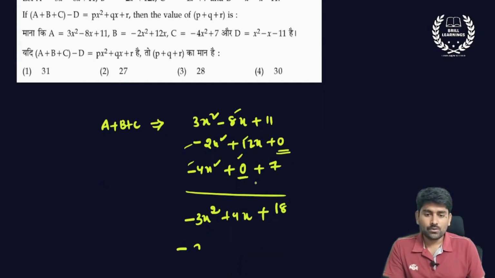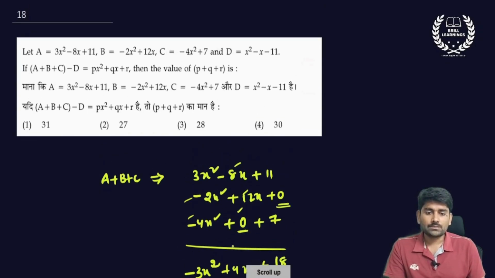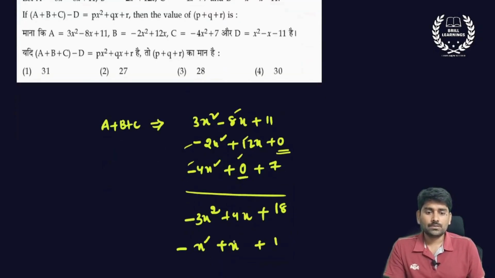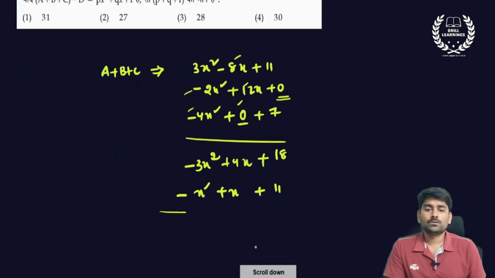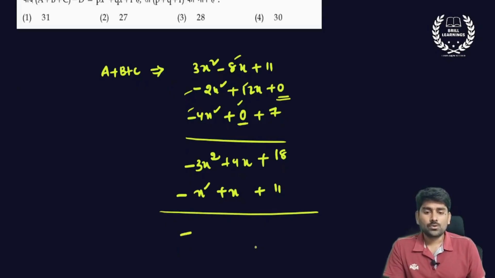Deduct the value of x square, and minus x means it will become plus x, minus 11 plus 11. Because I am subtracting this value, I have changed the signs here. So now 4x square plus 5x plus 29.